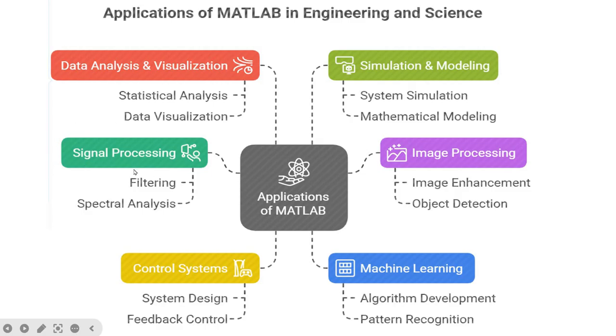Then it can also be used in signal processing for filtering and spectral analysis, and in data analysis and visualization, where you can use it for statistical analysis and data visualization. And also it can be used for simulation and modeling, that is system simulation and mathematical modeling.